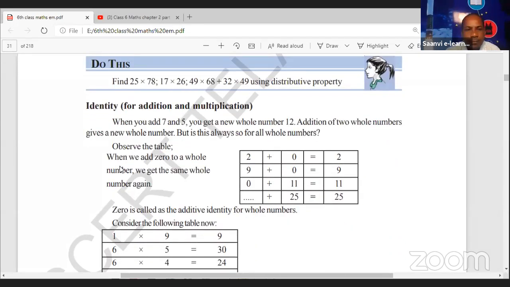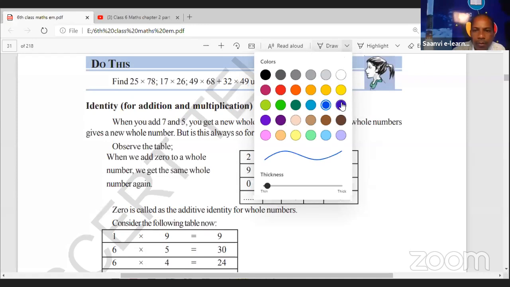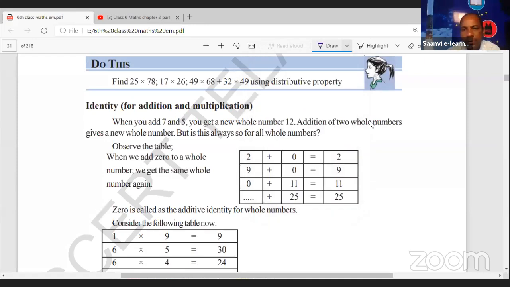Here see the heading, identity for addition and multiplication. Before understanding what the additive identity and multiplicative identity are, first observe this first table.